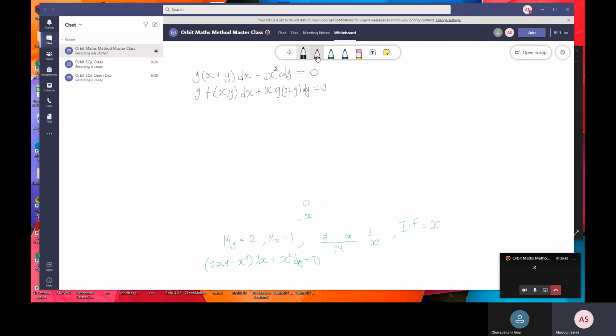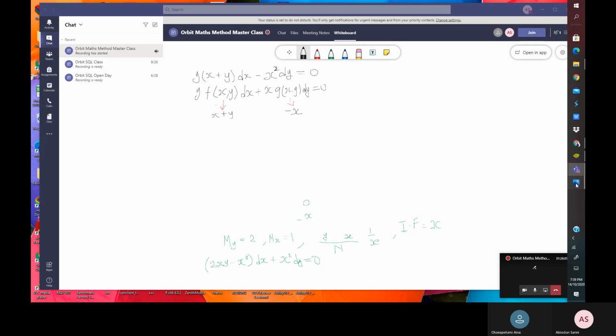But in this case, my f of x comma y and my g of x comma y are what? This is x plus y, and this will be minus x. Do you agree?